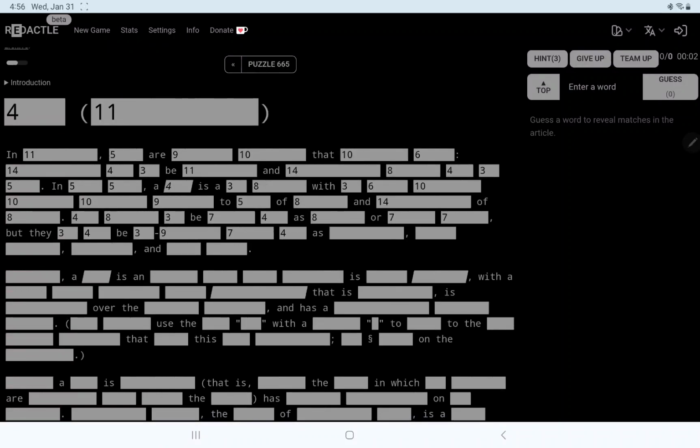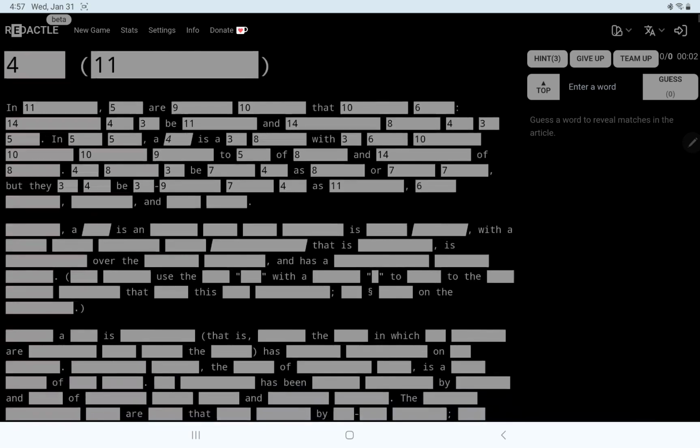sub or non something. So let's look for some symbols. I would expect if it's mathematics.